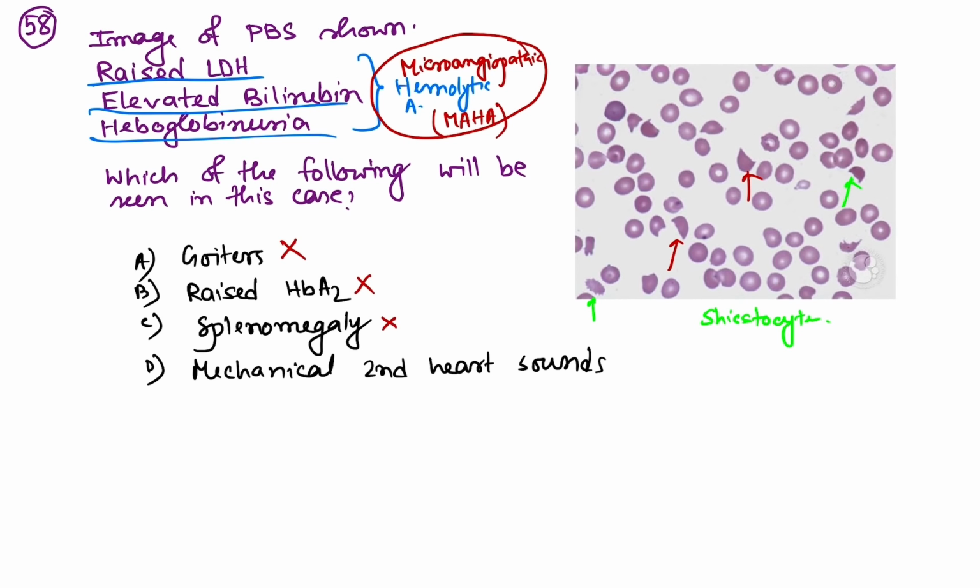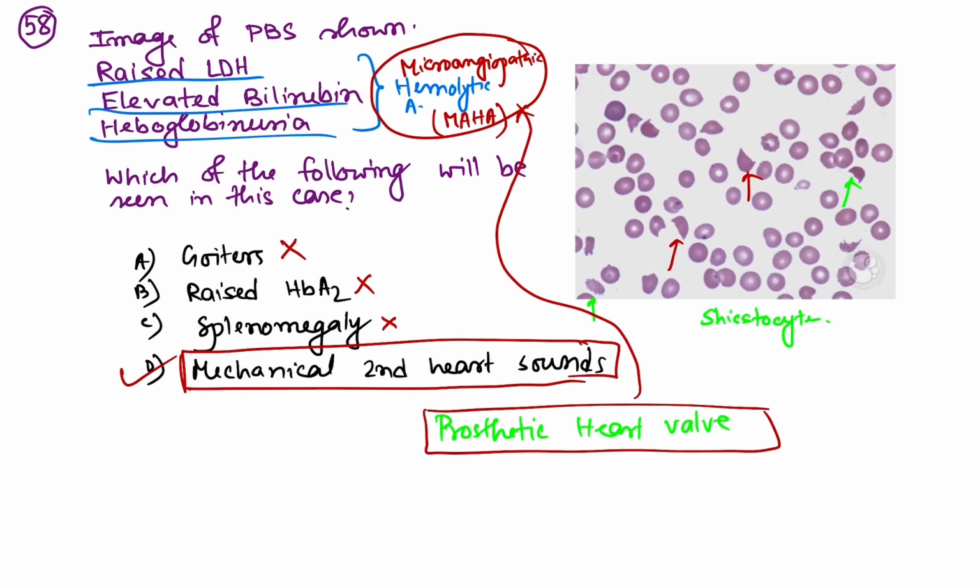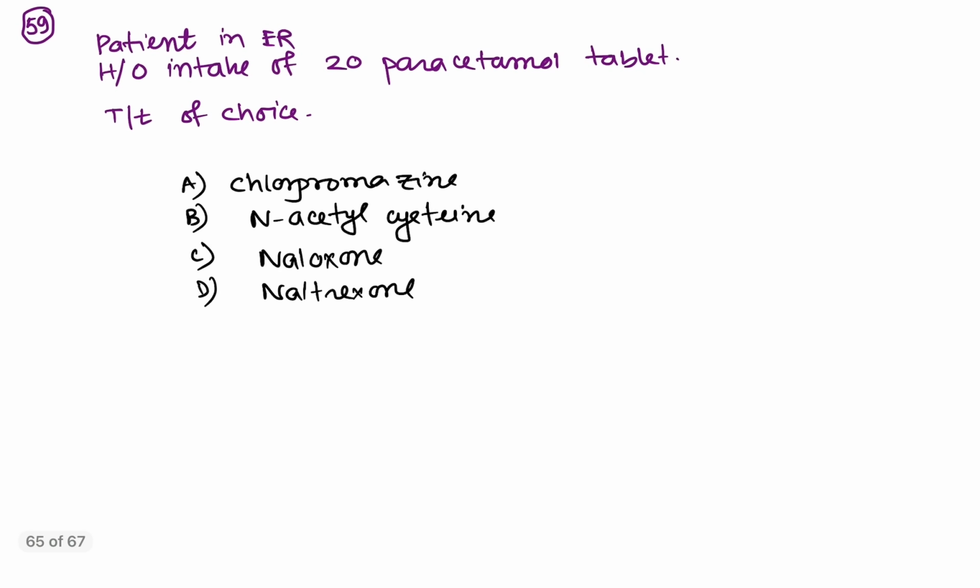Yes, it can be heard, because sometimes a prosthetic heart valve can cause microangiopathic hemolytic anemia. So with a prosthetic heart valve causing microangiopathic hemolytic anemia, a mechanical second heart sound can be heard or auscultated. So the answer is mechanical second heart sound in case of microangiopathic hemolytic anemia due to prosthetic heart valve.